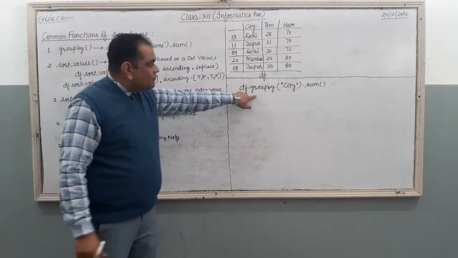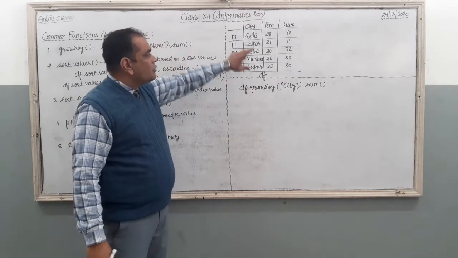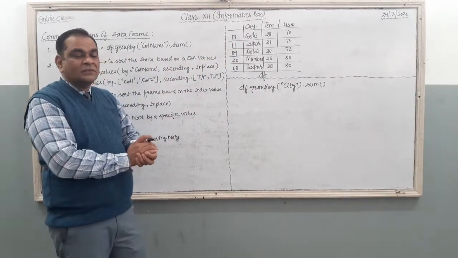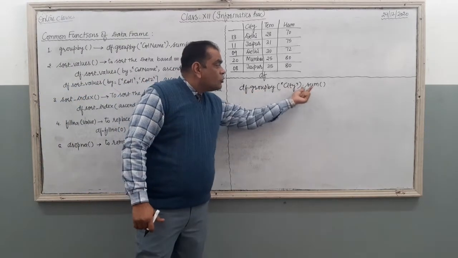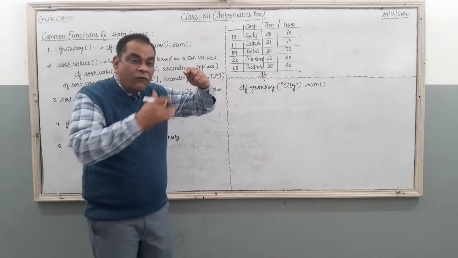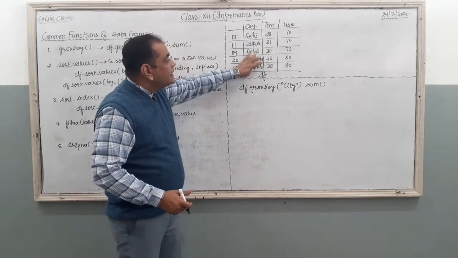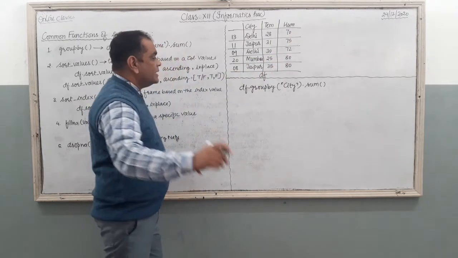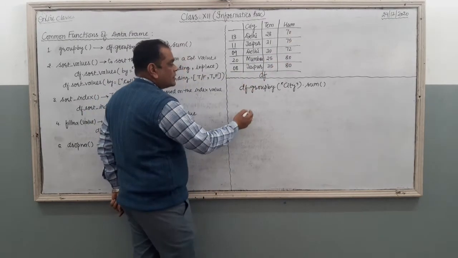Right? df.groupby city.sum. First your data frame is arranged according to the similar cities, and then the computer is going to calculate the total of all the columns that are there with the specific city in this data frame. So just see what is the output of this command here.